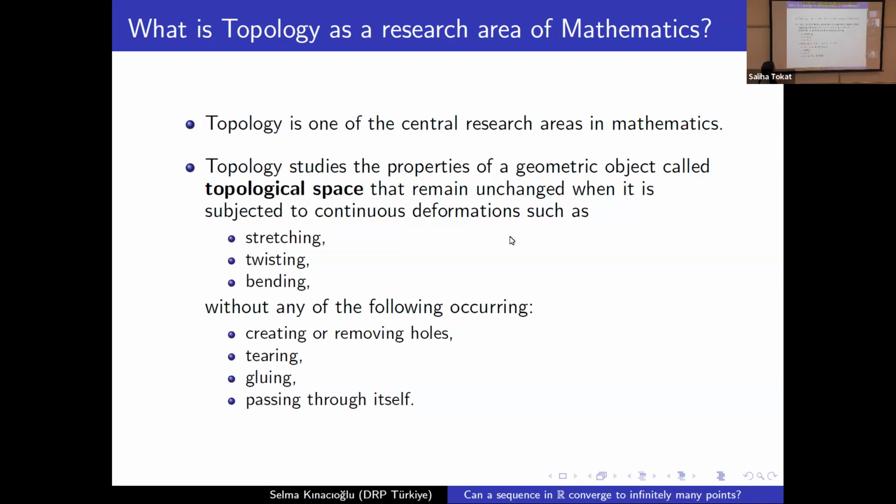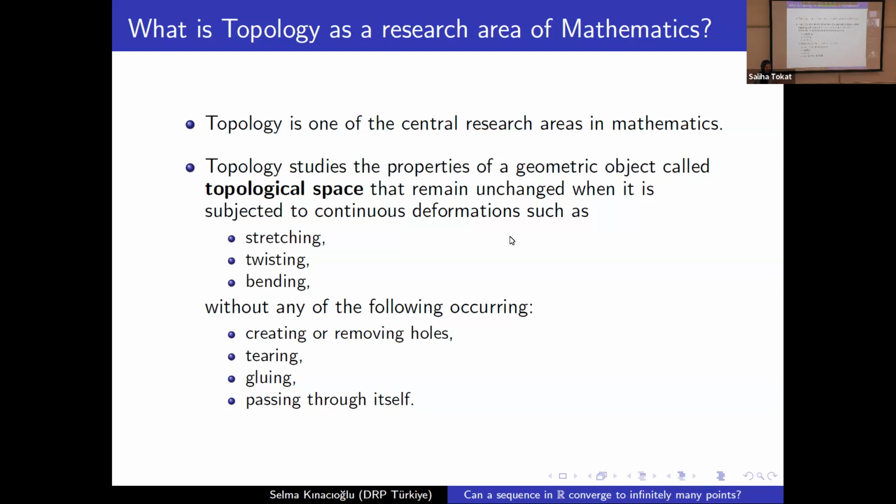But in topology, there is no dimension, no angle, no specific depth for a shape. We are only focusing on the shape. So what I mean is that topology only focuses on the properties of the geometric object, which is a topological space.